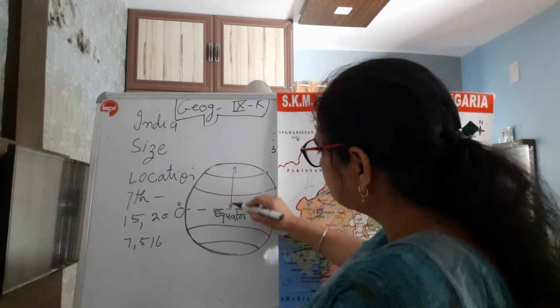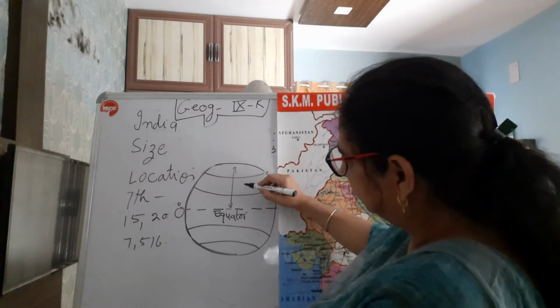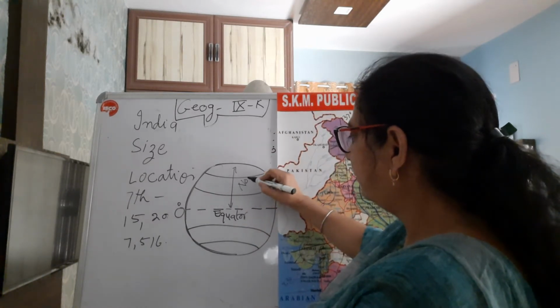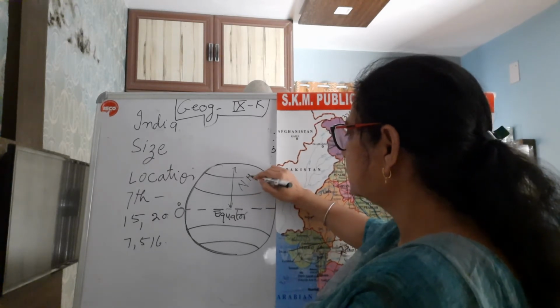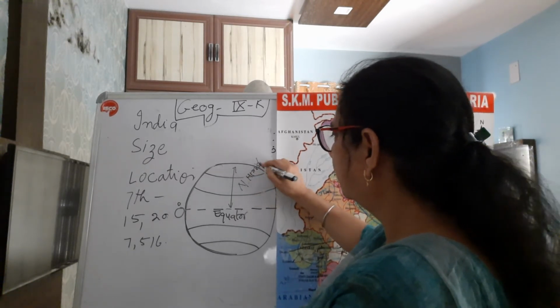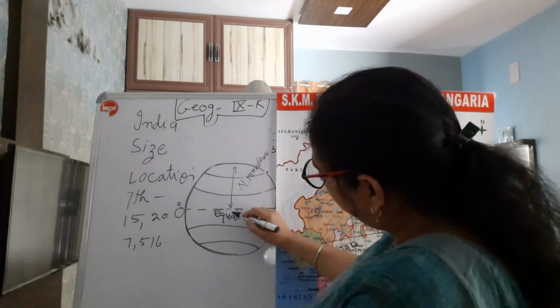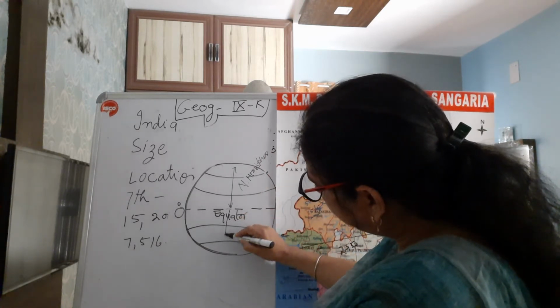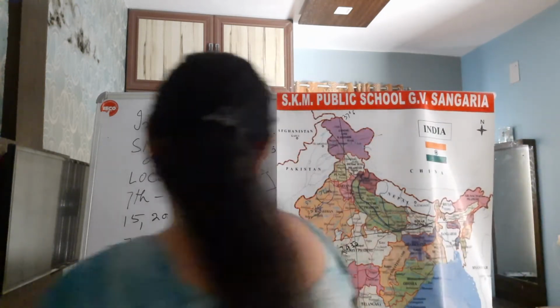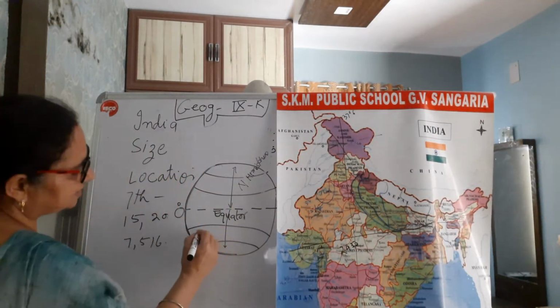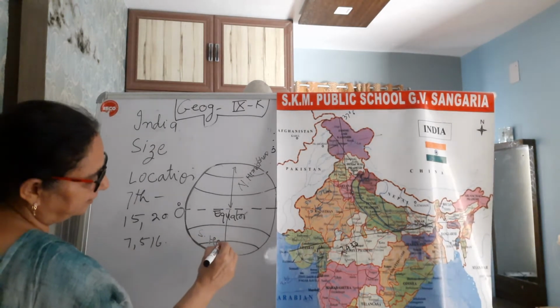Two equal halves: the upper one is the northern hemisphere. We call it the northern hemisphere. Same way, 0 degree equator, what is towards the south of the equator is the southern hemisphere.